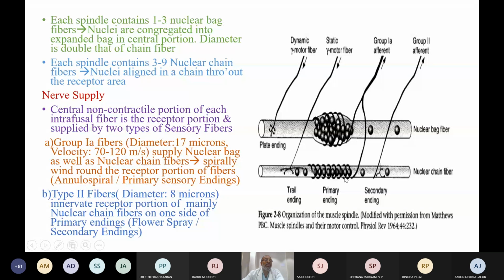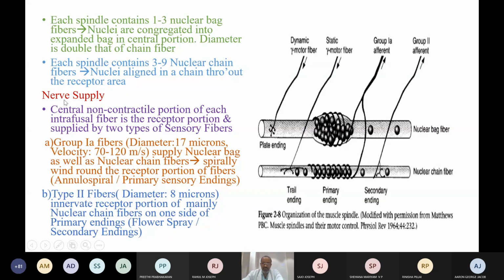You have to remember this. Each spindle contains 3 to 9 nuclear chain fibers. Nuclei are aligned in a chain-like manner throughout the receptor area. So here they are concentrated, here they are arranged throughout.